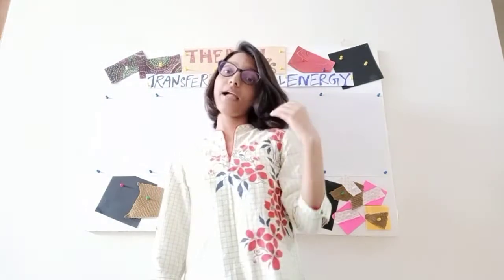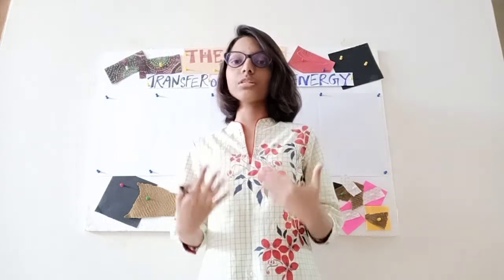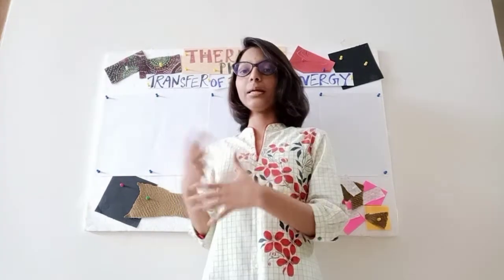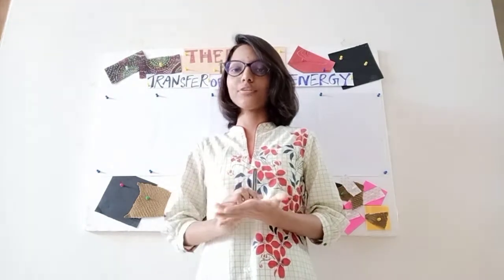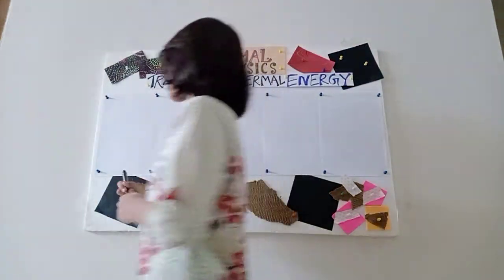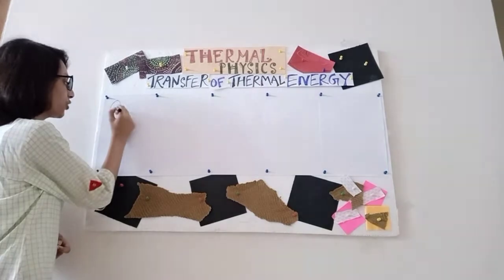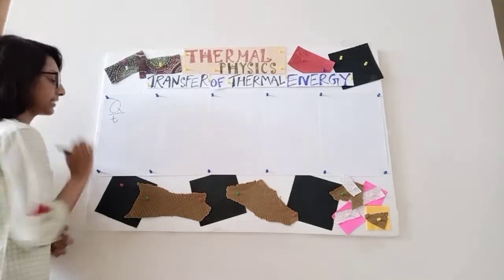Basically, this is a fact we need to know when it comes to the rate of transfer of thermal energy, because we need to know which are better at conducting heat so that we can find that rate. The rate of transfer of thermal energy is written as Q by T, where Q stands for heat and T stands for time.